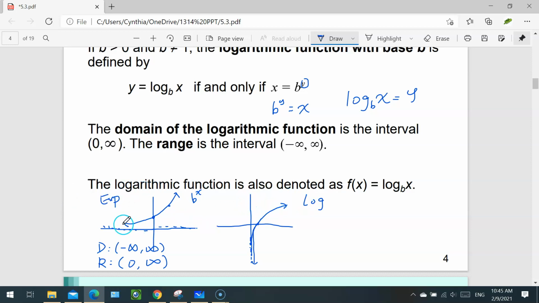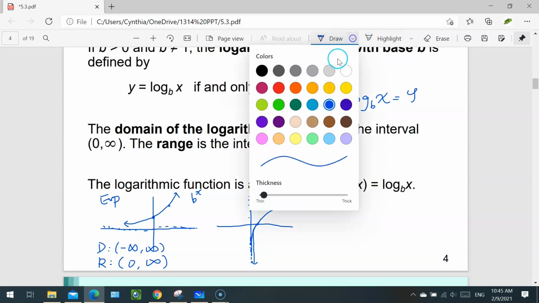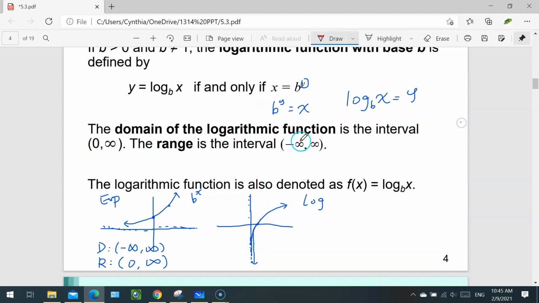Logarithm function has a vertical asymptote. Let me use another color. All right, so inverse, right? So with exponential function, it has the horizontal asymptote. When it comes to the logarithm function, the horizontal asymptote turns to the vertical asymptote.